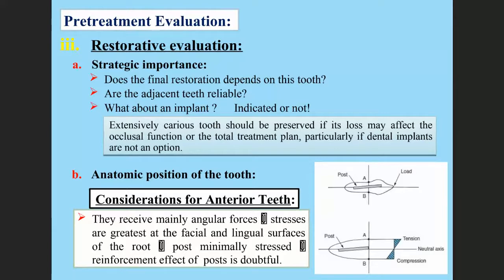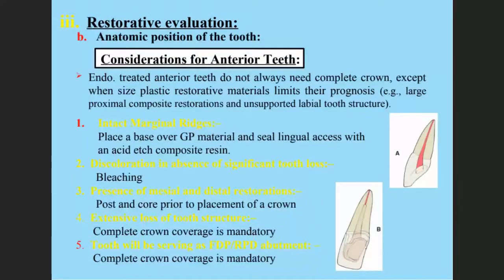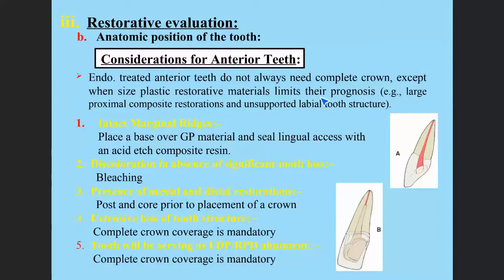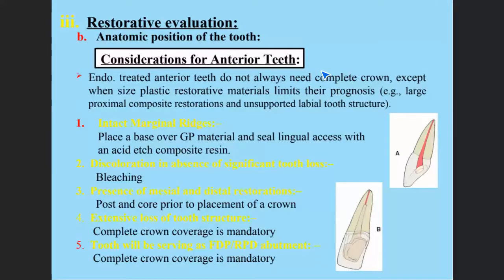So endodontically treated anterior teeth don't always need a complete crown, except when the size of the restoration material limits their prognosis, which means that there is a large proximal defect, so we need a large proximal restoration, and also there is unsupported labial tooth structure.